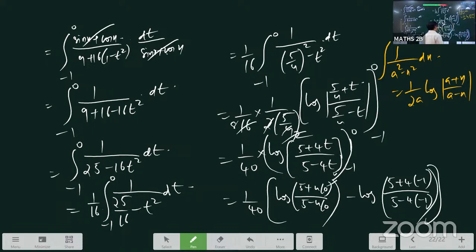This is your 1 by 40, upper limit minus lower limit. Instead of t, you put 0, that is upper limit, minus instead of t, you put minus 1, that is your lower limit. Is it clear?